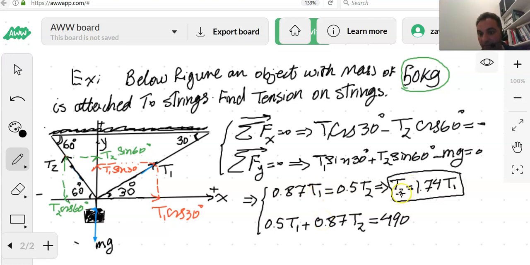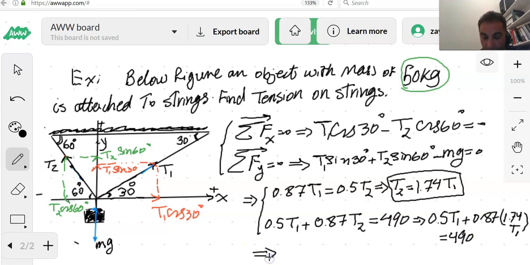So what we did here, we found T2, which is 1.74 T1. Now let's substitute T2 in this equation, okay? So I'm going to have 0.5 T1 plus 0.87 times 1.74 T1 equals 490.